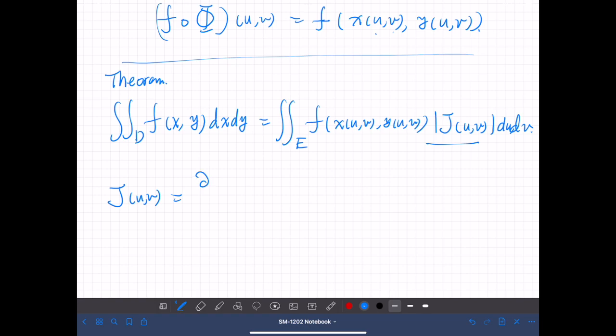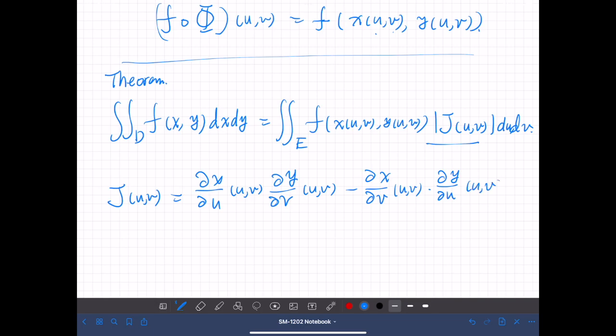So that is xu yv minus xv and yu. Okay, so this is the determinant of the Jacobian, and we take the absolute value of that quantity here.